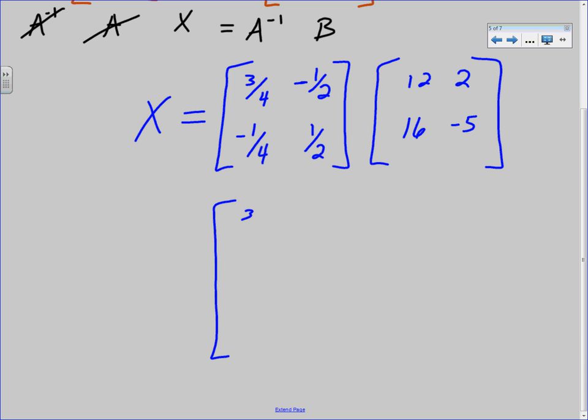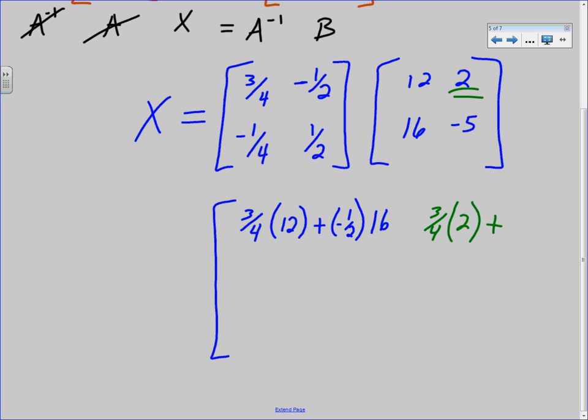So we're going to take 3/4, multiply it by 12, and then add -1/2 multiplied by 16 to it. That gives us this first row, first column. We're going to also take 3/4, and we'll use a different color here so that we can tell the difference. 3/4 multiplied by 2, and we add it to -1/2 multiplied by -5.